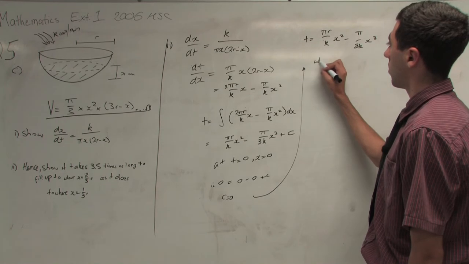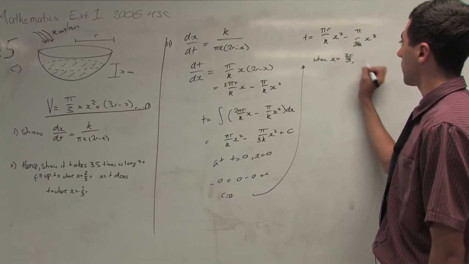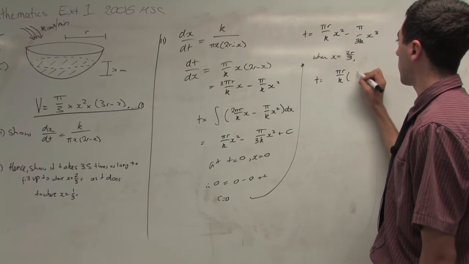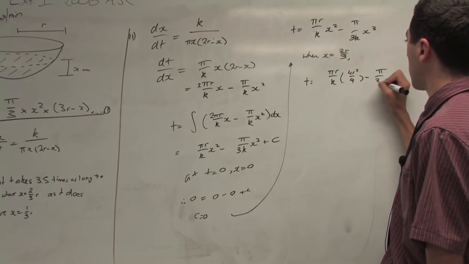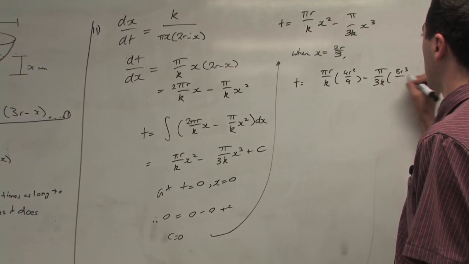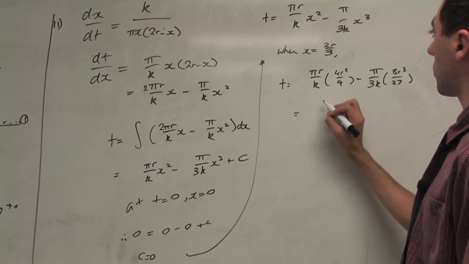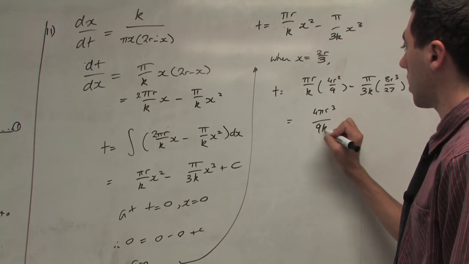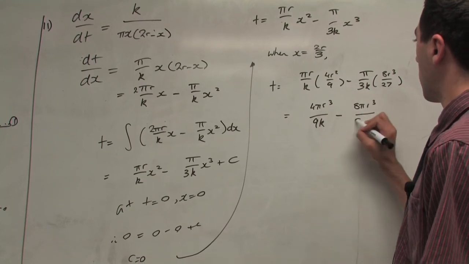So when x equals 2r over 3, we can say that t is equal to pi r over k times 4r squared over 9, minus pi over 3k times 8r cubed over 27, and that equals 4 pi r cubed over 9k minus 8 pi r cubed over 81k.